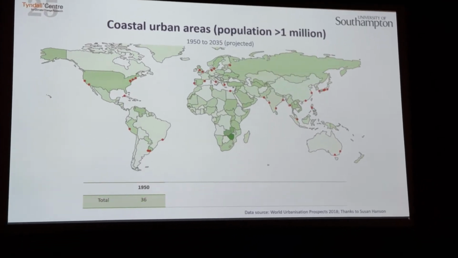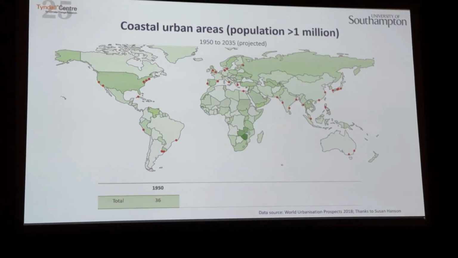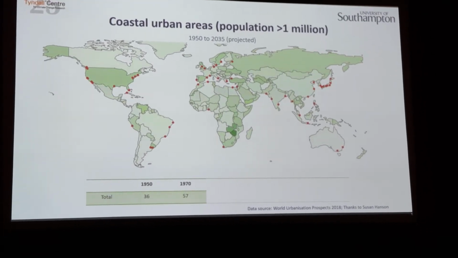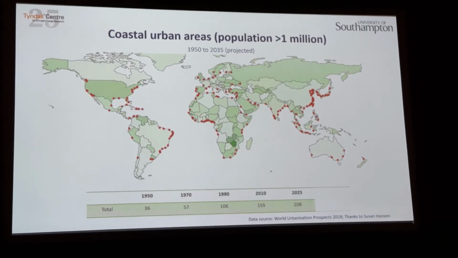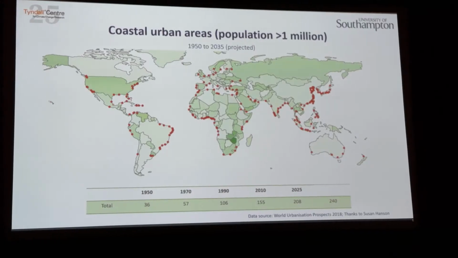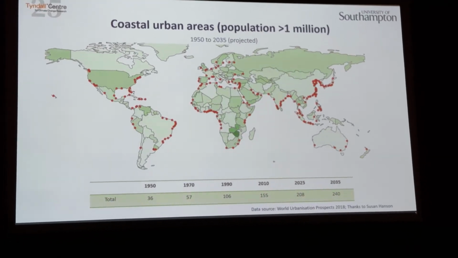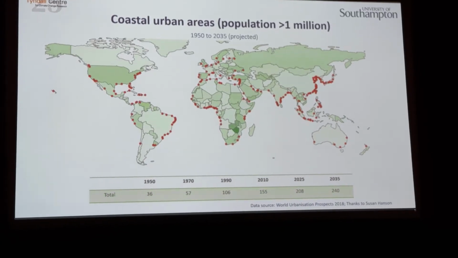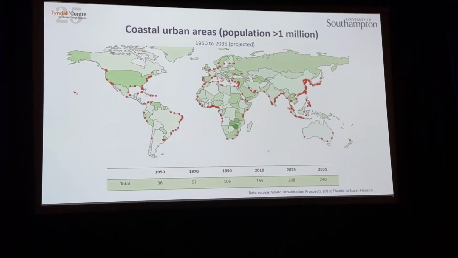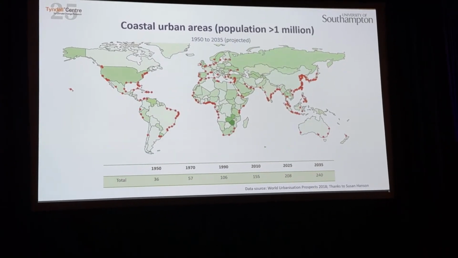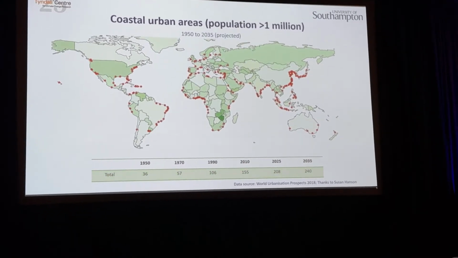If we move forward, 1970, 1990, 2010, 2025, and then 2035, you can see the growth in cities that have had tremendous coastal urbanization over essentially my lifetime, and a huge concentration actually in Asia.